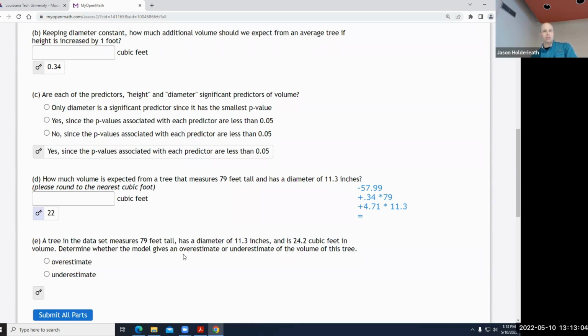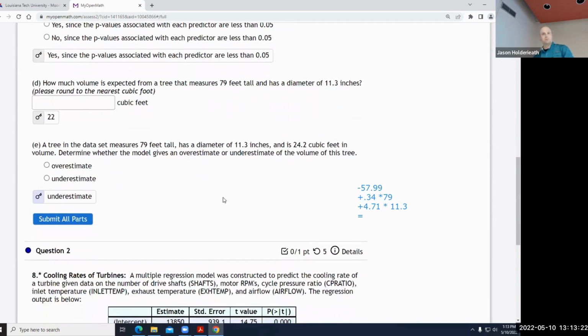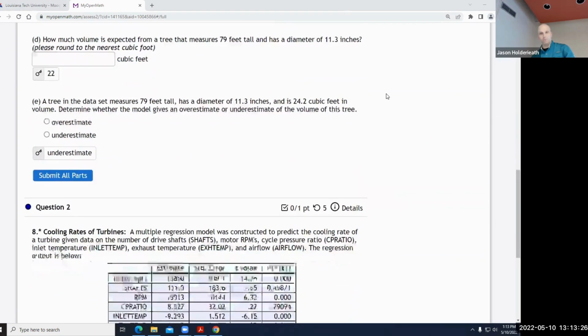Determine whether the model gives an over or underestimate of the volume of this tree. So the same tree right here, 79 feet tall, 11.3 inches. On average, we're expecting 22 cubic feet. Under, yeah. That makes sense to everybody? Okay.